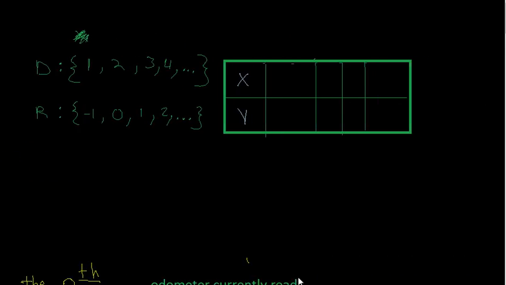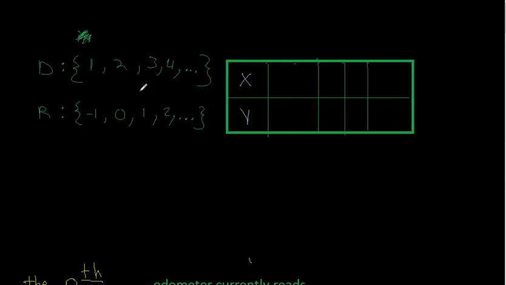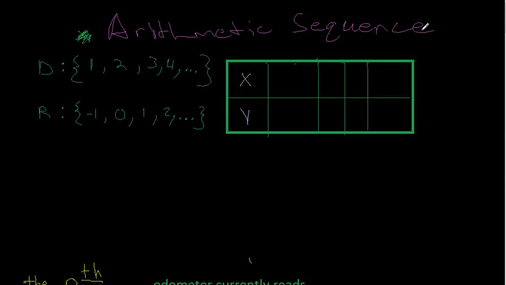Hey, so what we end up getting, in the long run, and I'm going to switch topics here, okay? We're going to start talking about arithmetic sequences. And these are a special type of function. The first thing you need to do, what's arithmetic?